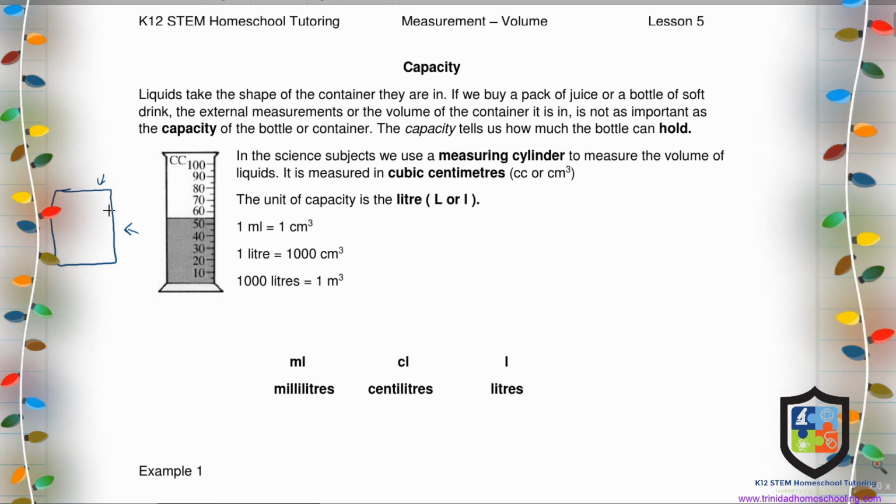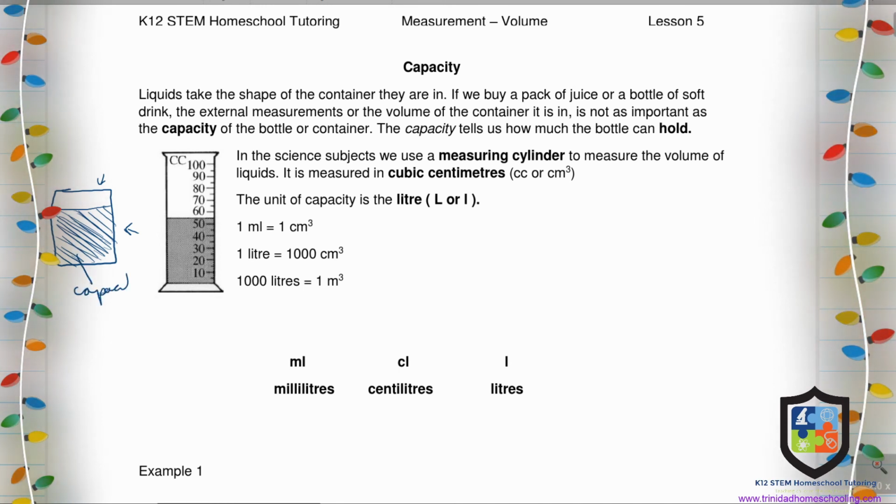All we care about is the capacity or the amount of liquid that is in that juice box. So the capacity here is the amount that it is holding. And we care about how much the bottle can hold.